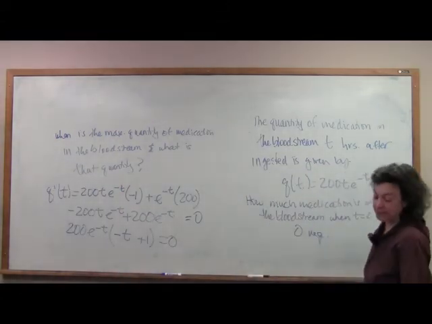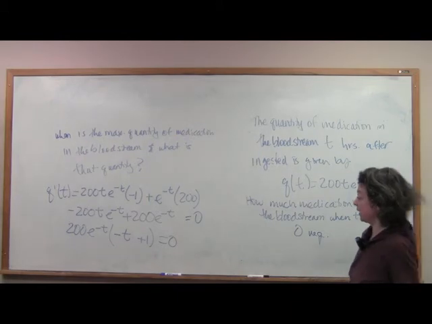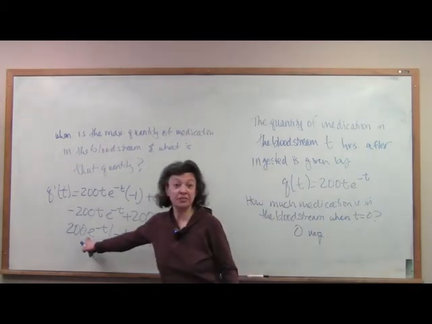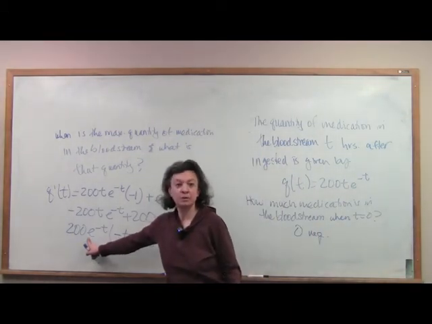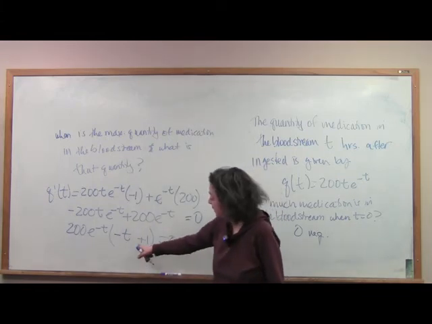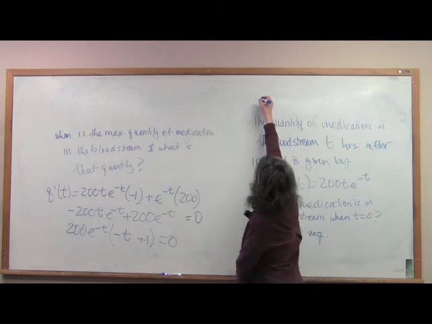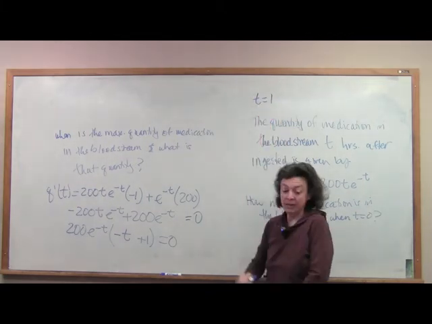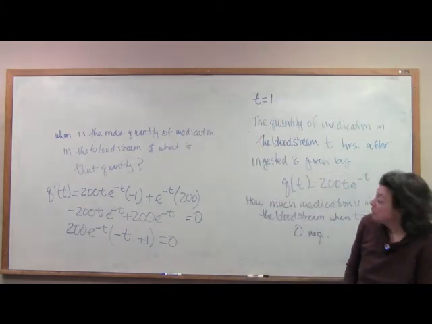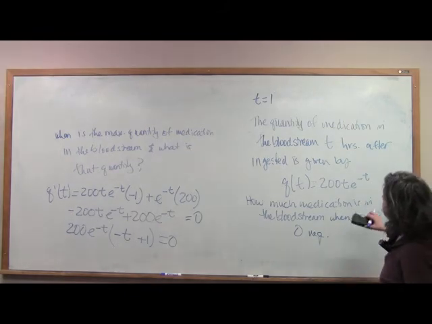Well, I've got the product of two things equal to 0. Can my first one ever be 0? No, it's an exponential. And what makes this second guy equal to 0? T equals 1. So our candidate is 1 hour.